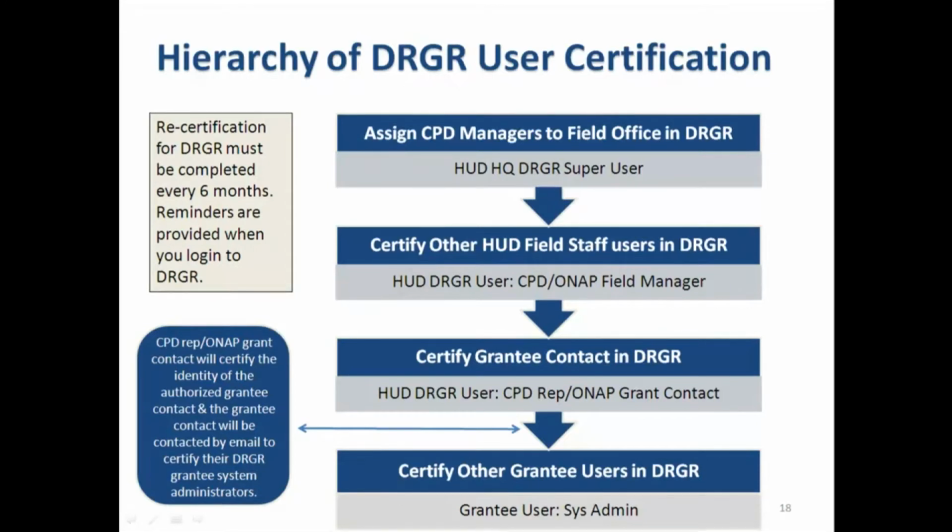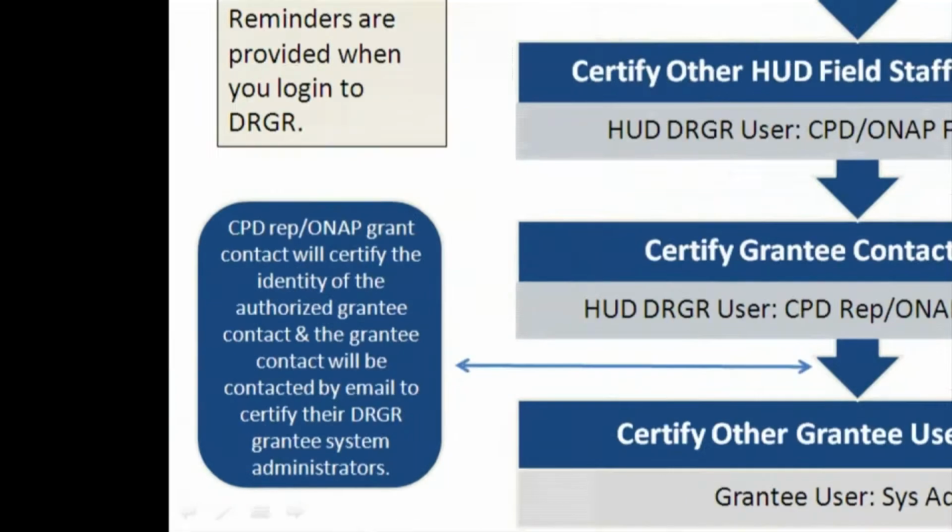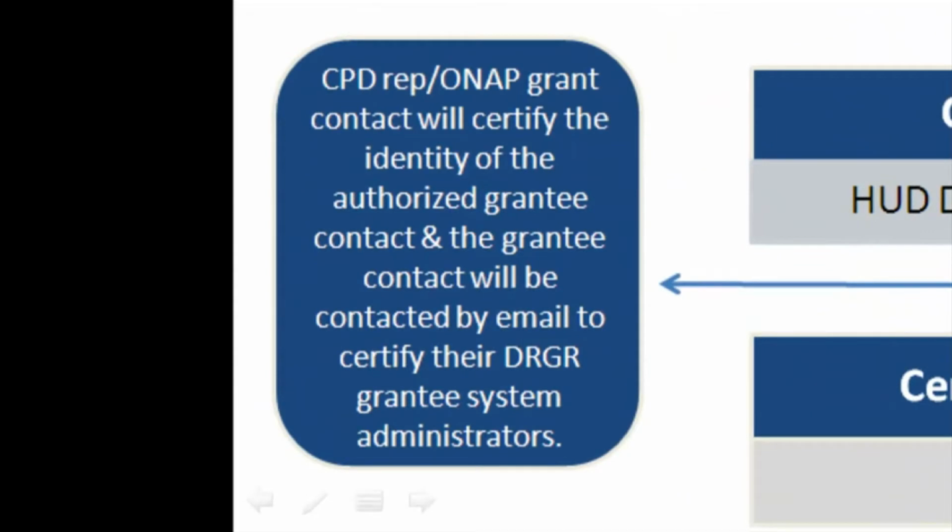To accomplish the certifications, we will use the following process involving HUD and grantee staff. The slide depicts the hierarchy of user certifications. HUD HQ staff will assign CPD field managers to field offices. The CPD field managers will then certify the HUD field staff in their offices, including the CPD representatives and ONAP GMSs for each grant in the system.